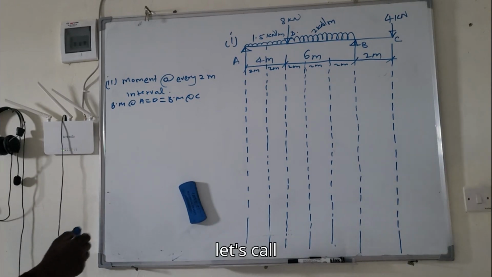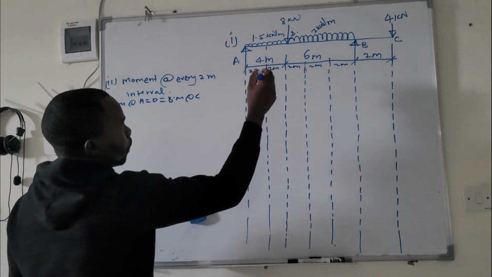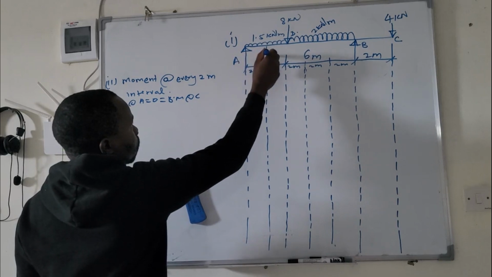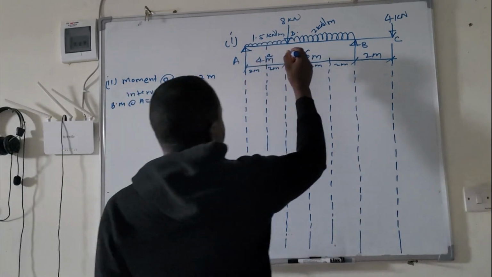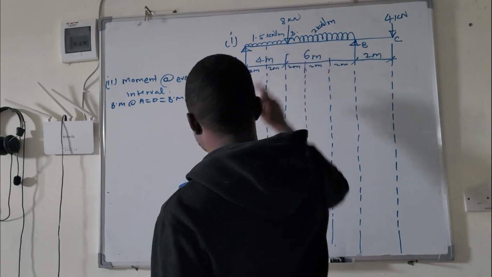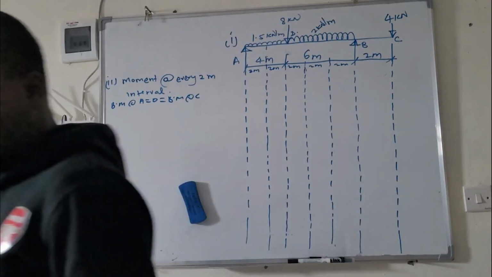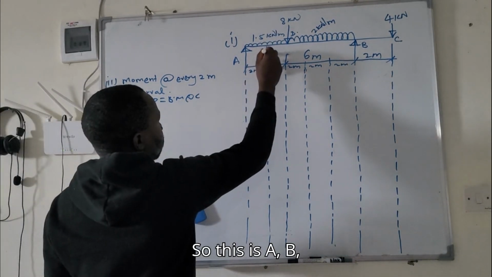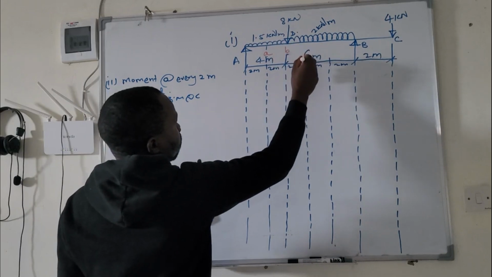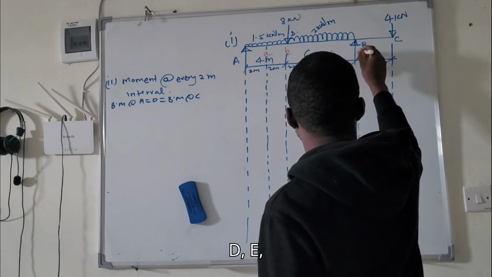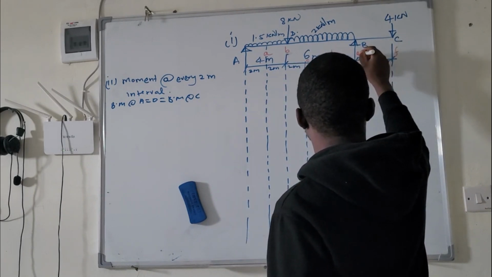Let's label the points as A, B, then C, then D, E, F.